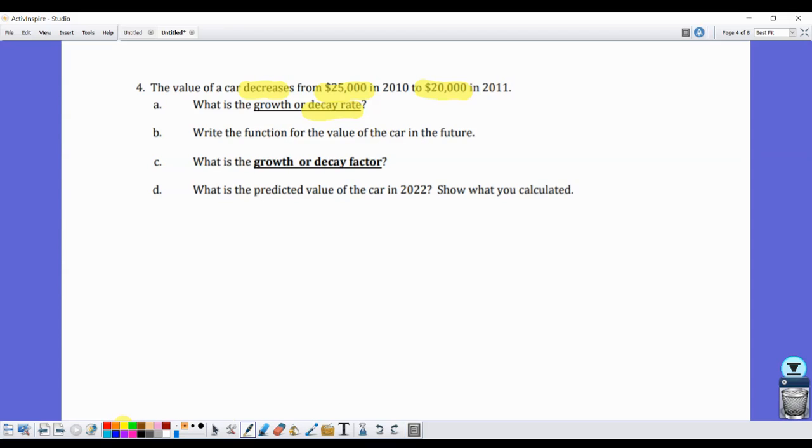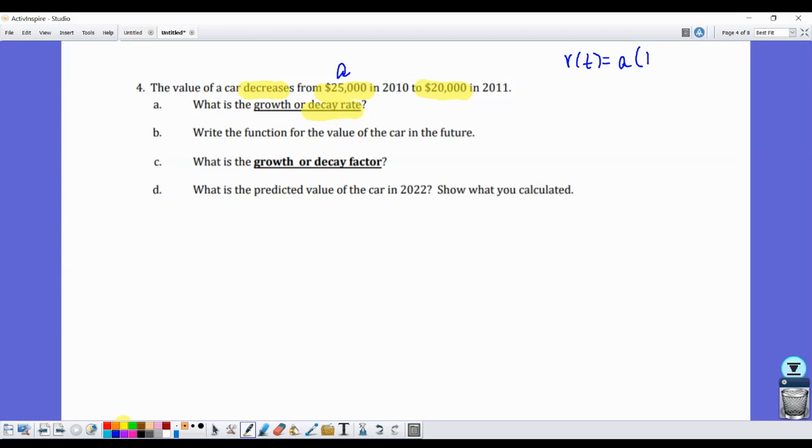So let's go figure out some items. First thing I know is the initial amount is A. That's $25,000. And when we go to write our function, the value at time t is going to be the original amount times that growth or decay factor.